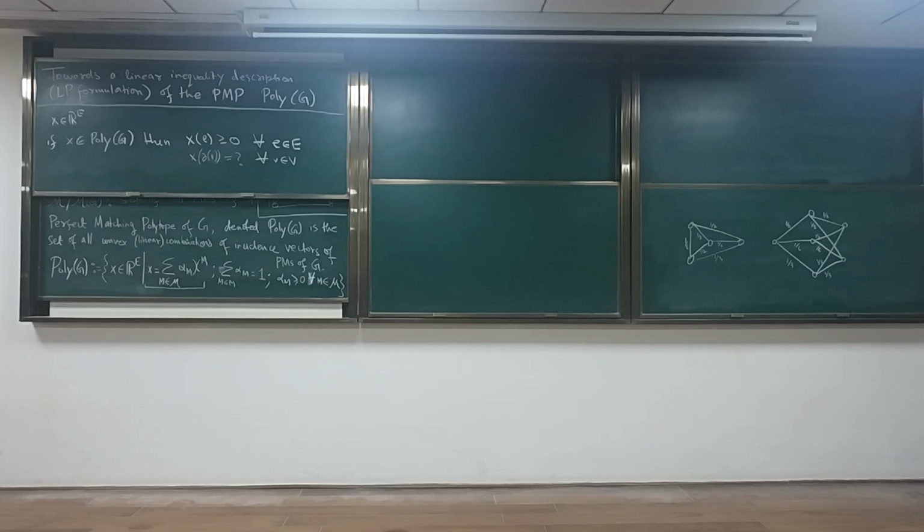It's basically the summation of alpha times the incidence vector of some perfect matching, over all perfect matchings. But you know that all alphas sum to 1 and each of them is non-negative. So using that fact, what can you say about x of partial of v?